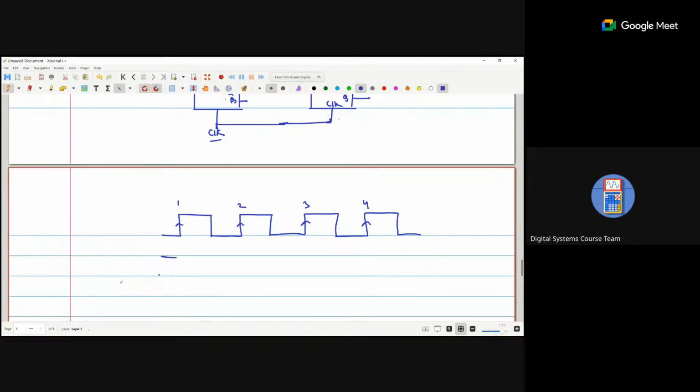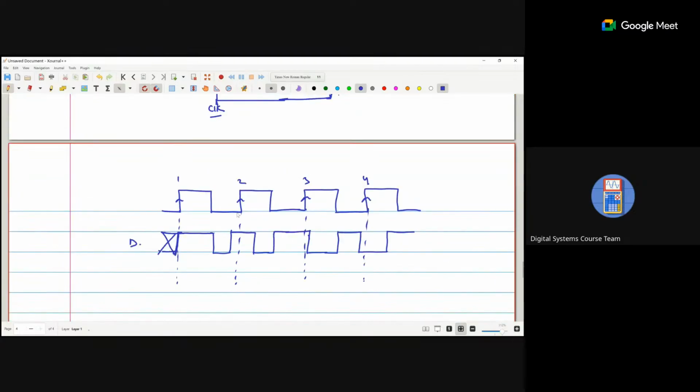Before that, any D. After the first clock, I apply D and change it. So this is my D.